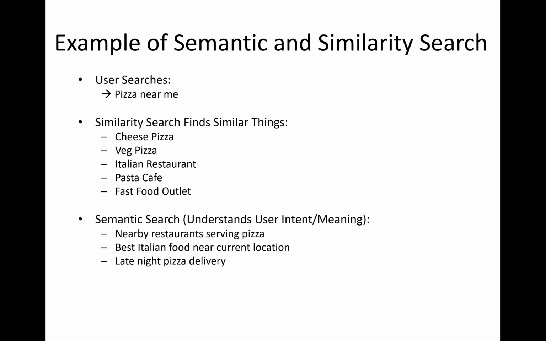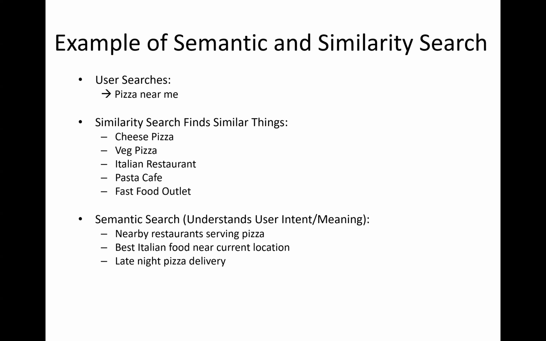Now we have the semantic search. It will understand the context or the meaning of the sentence, the input prompt, which is "pizza near me." Based on this, it will give us results like nearby restaurants serving pizza, best Italian food near current location, and late night pizza delivery.